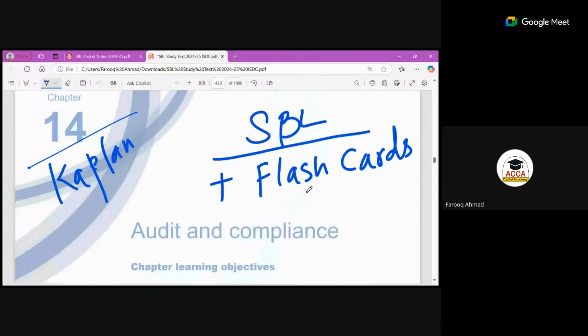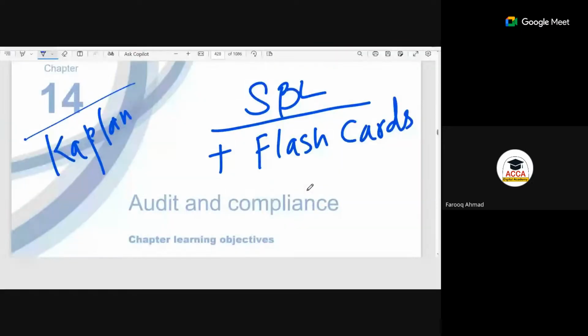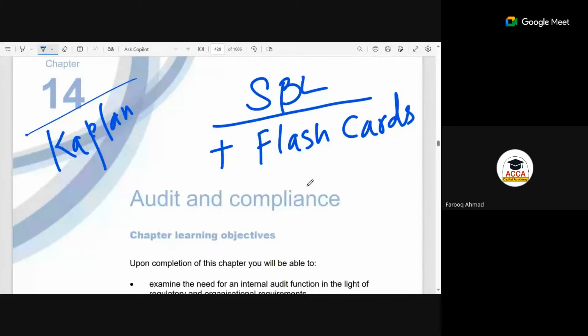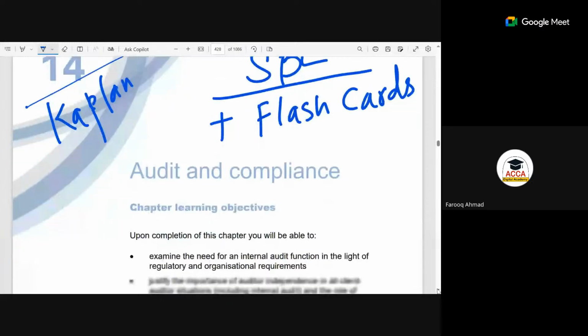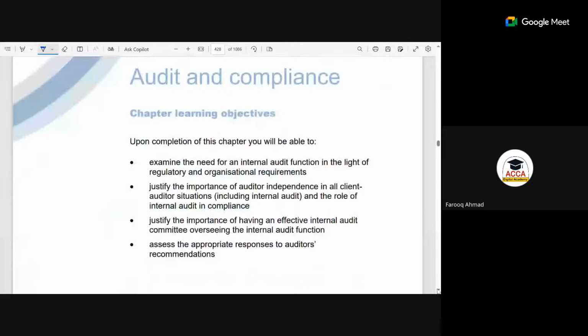So audit and compliance, according to Strategic Business Leader. Audit and compliance is specifically from the internal audit point of view. This chapter relates to external audit, which you already studied in F8 or in your other studies during SBL or SBR, specifically F7.